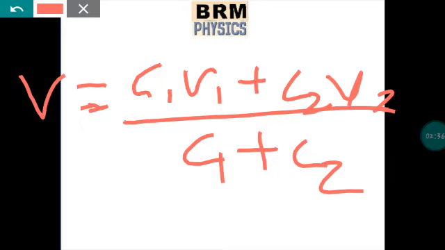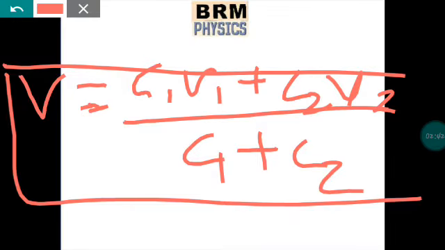For equivalent capacitance of both the capacitors it will be C1 plus C2. So this is the formula for common potential, and this formula will be used in the next expression, so you will write it and remember it.